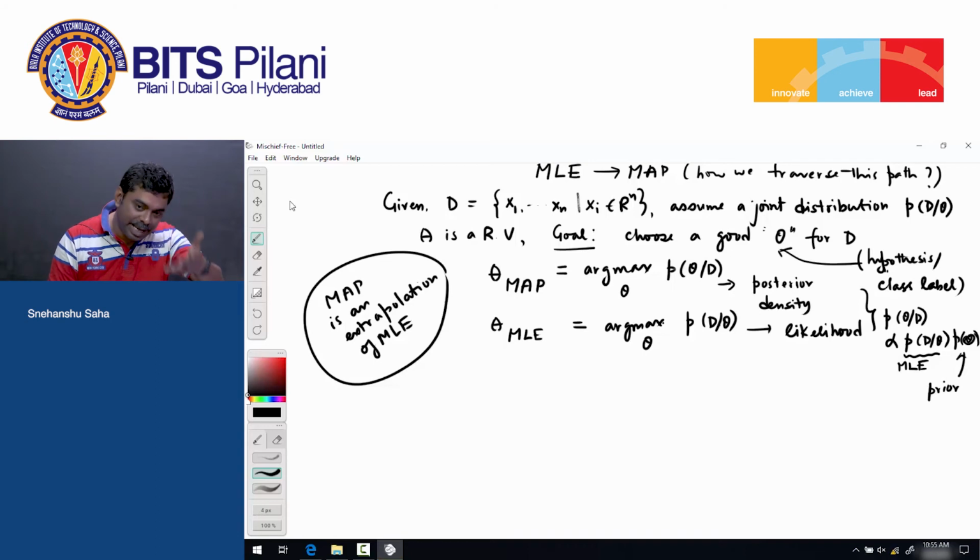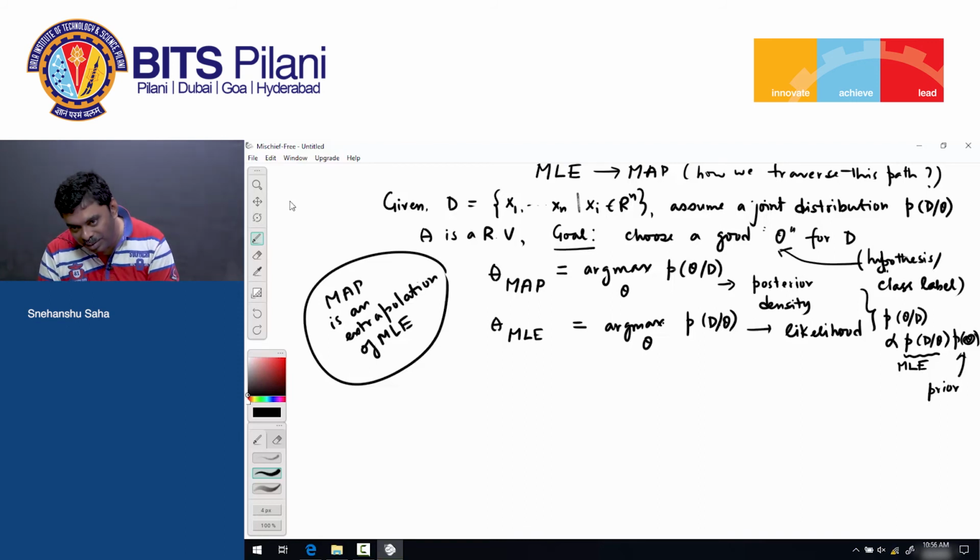However, just like MLE, it's a point estimate. Therefore there is no representation of uncertainty. Also, if you don't have much prior data and you still want to use maximum a posteriori, then you have to assume some prior distribution on theta as well. Let me take a small example.